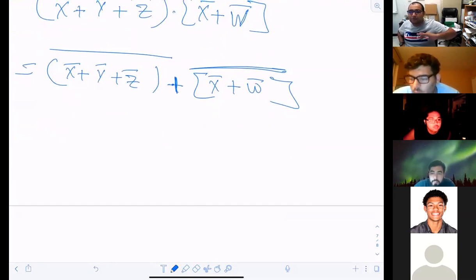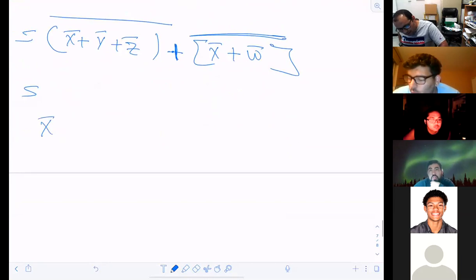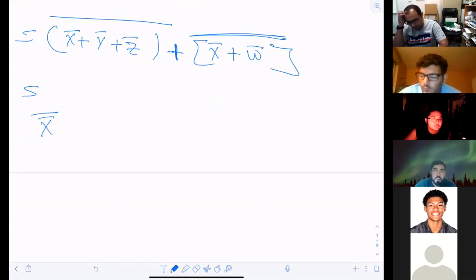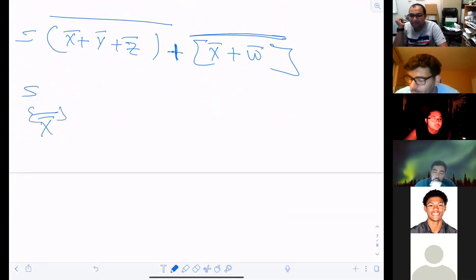Then you will go inside every one and convert it. Here, x complement, this is something I need to tell you: if you complement the complement, what will the output be? X, just no complement. Exactly. If the number of complements n is even, the output will be the same. If the number of complements on top of x is odd, the output will be x complement.